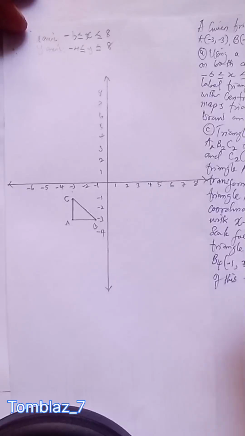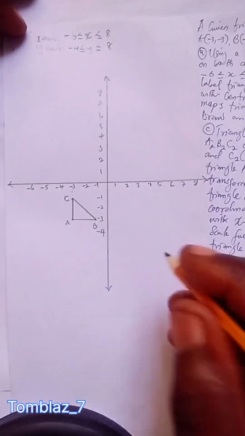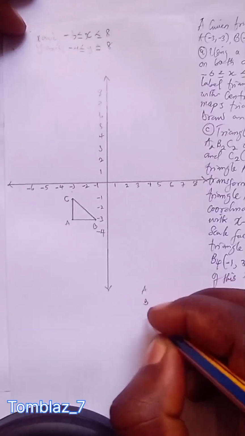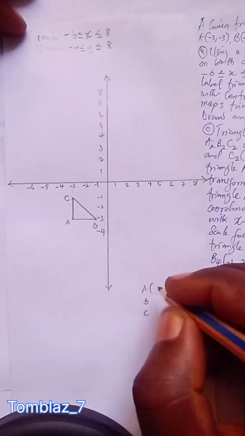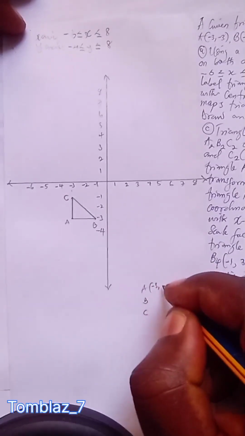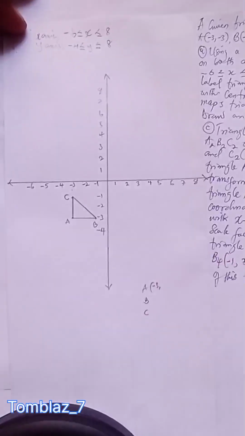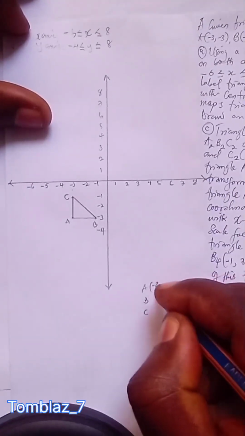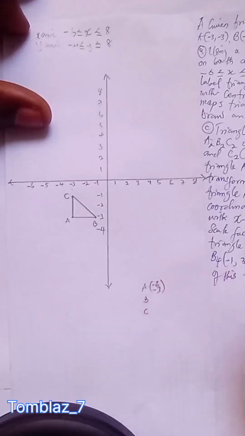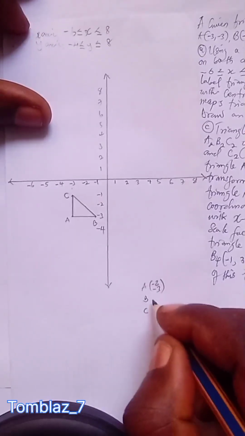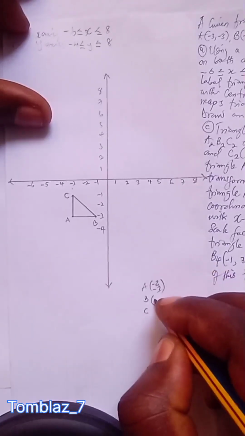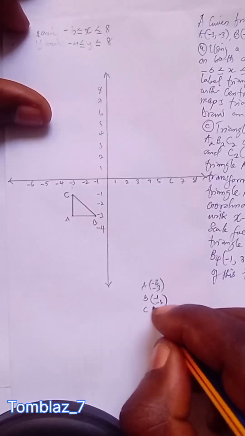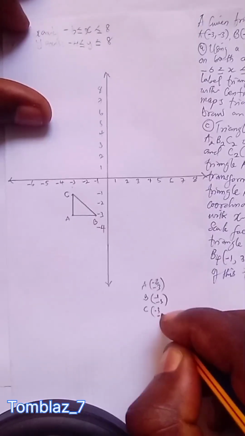So bringing the coordinates of A, B and C, which are -3, and you can write it this way even. Instead of that part, you write it this way, 3 and -3, right? Then for B is -1, -3. Then for C is -3, -1.